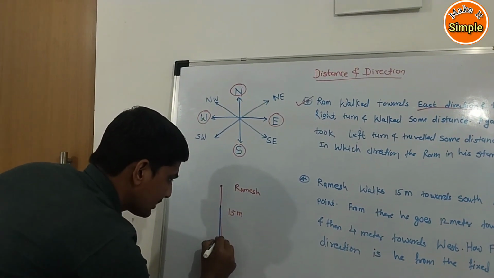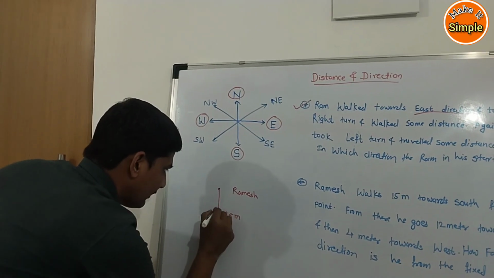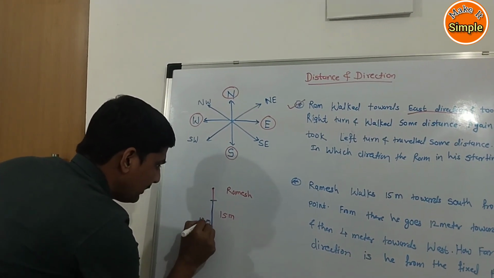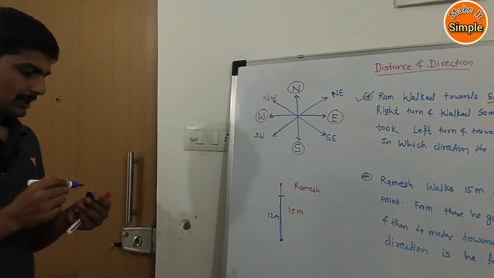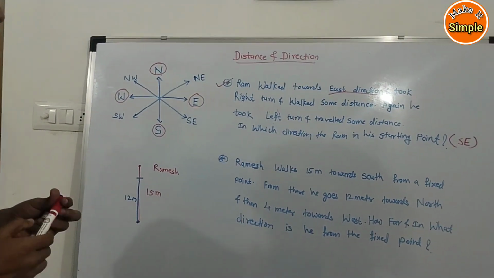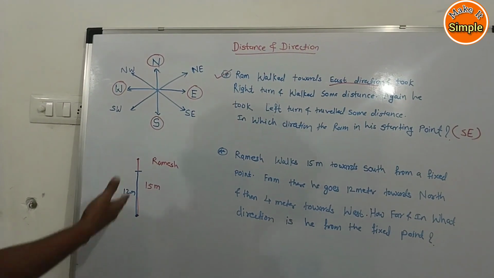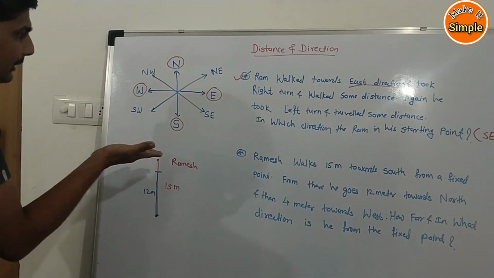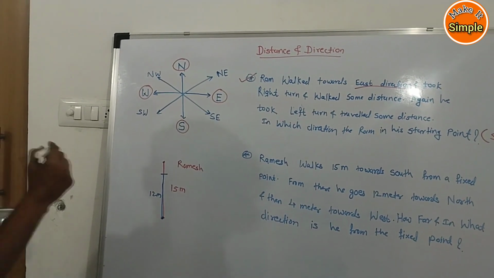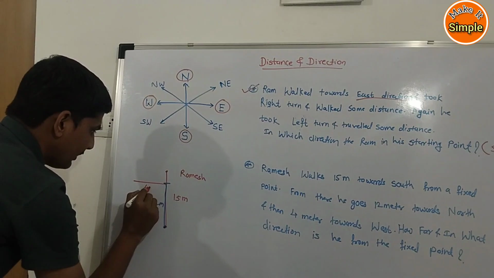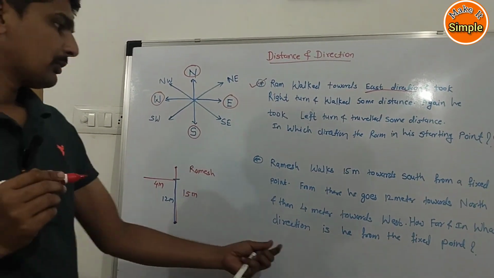Next, they said 4 meters towards the west. You can see here this is the point, and from here he has traveled 4 meters towards the west direction.